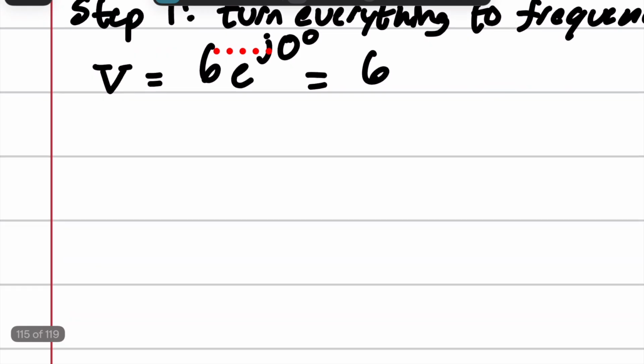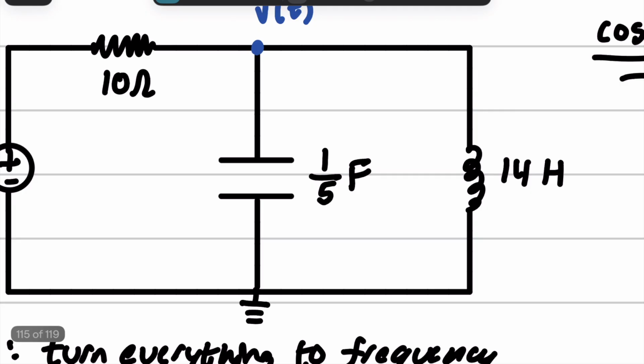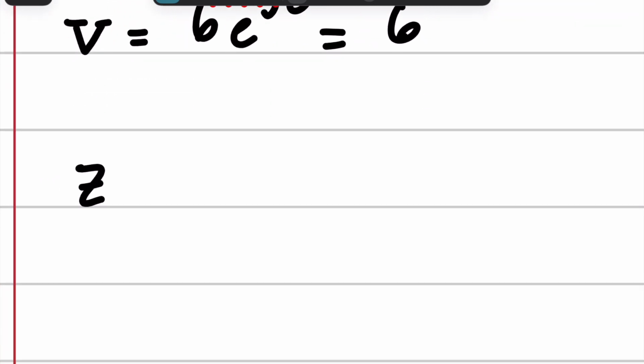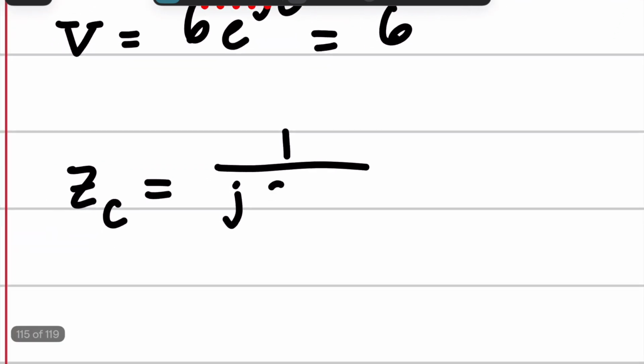And now we've got to find the impedances of each of the components. We have one capacitor, one inductor, and one resistor. I like to call the capacitor's impedance ZC. The capacitor is going to be 1 over j, and the omega is 3, and the capacitor has farads of 1/5.